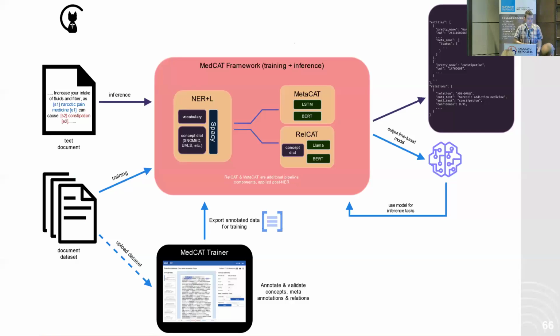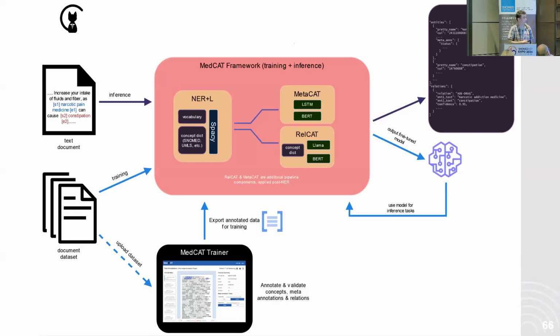All right, and here we have a view of the MedCAT framework. I'll first focus on the bottom side here. Assuming that we have the document dataset, you have two ways of proceeding using MedCAT. If you already have the entities extracted and you have the documents, you can directly perform training. The training here means that you only actually use the RelCAT part.